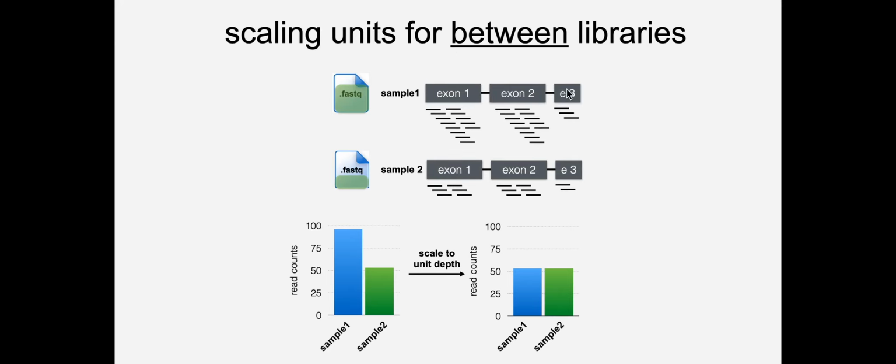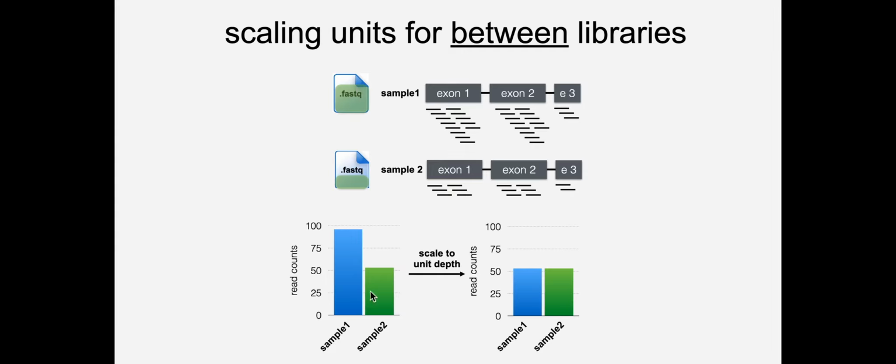That gene has 3 exons. If we look at that gene in sample 1, it will have twice as many reads aligning to it. Not because it's more highly expressed in sample 1 compared to sample 2, simply because we sequenced that sample more deeply. The sequencing depth was greater for that sample or for that condition.